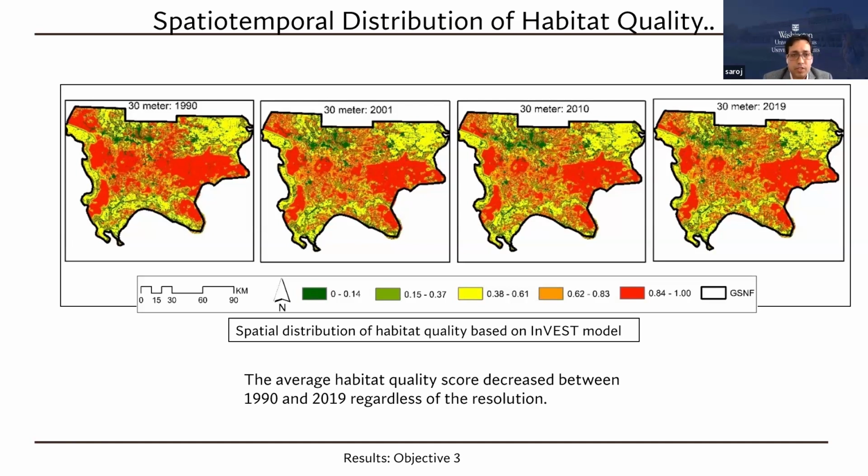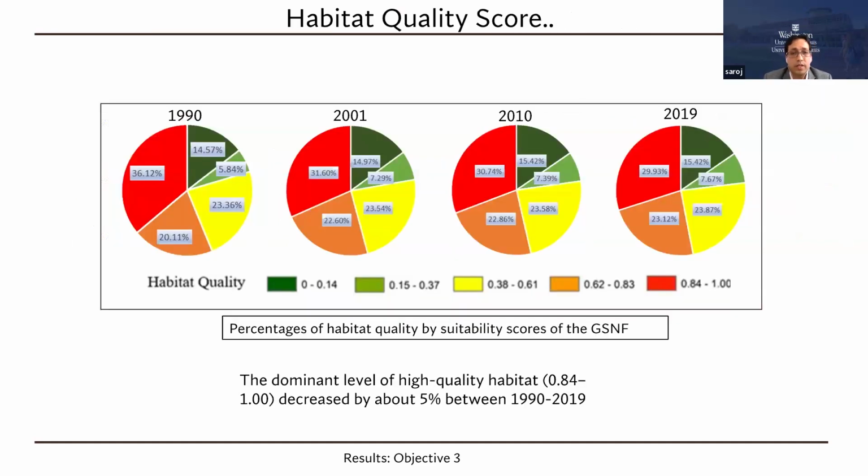Several studies suggest that nearly 30% of at least female bobcats spend their time in agricultural areas or wetlands searching for food on a day-to-day basis. So agriculture was also a kind of moderate habitat for bobcat. Regardless of the resolution, the habitat quality decreased between the years.